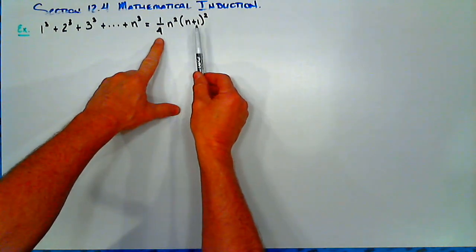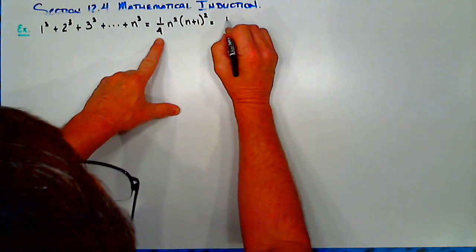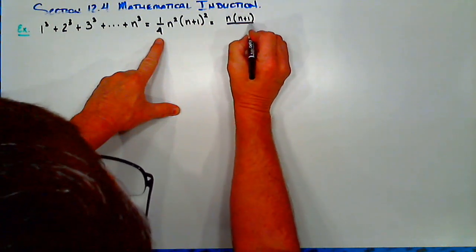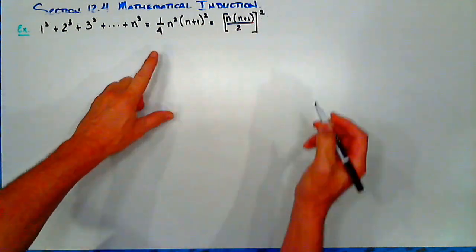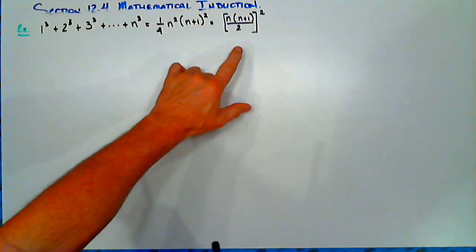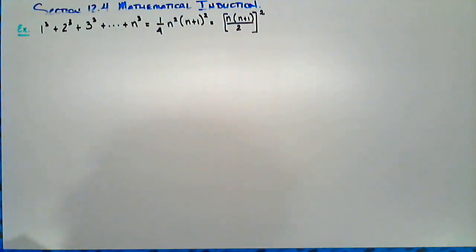We wrote it like this in our notes back in 12.2, as n times n plus 1 all over 2 squared. I don't want you to think we're looking at a different formula here. It equaled exactly this, but we wrote it like this. That's the only difference.